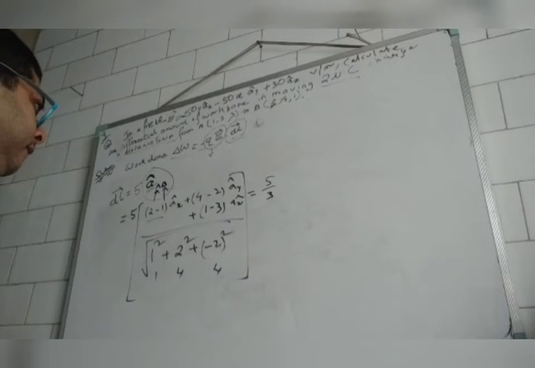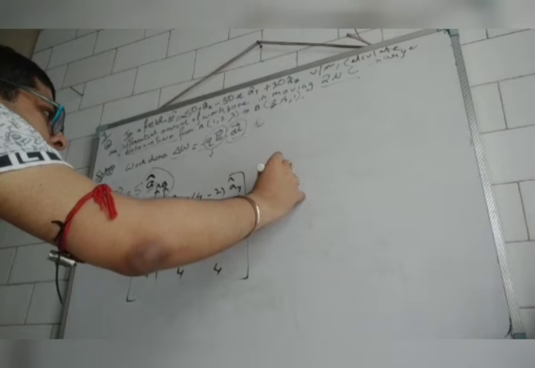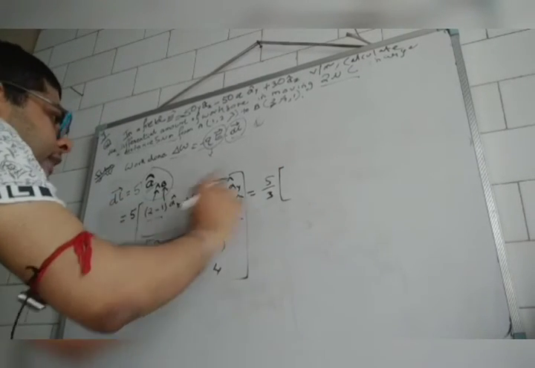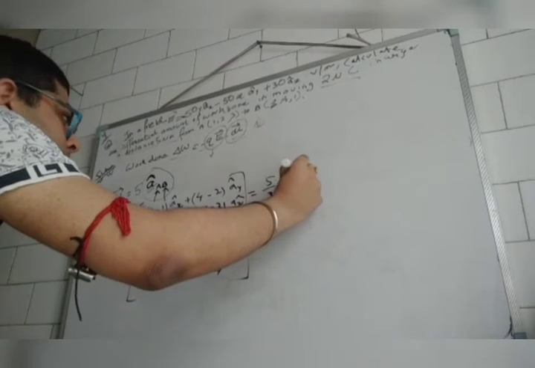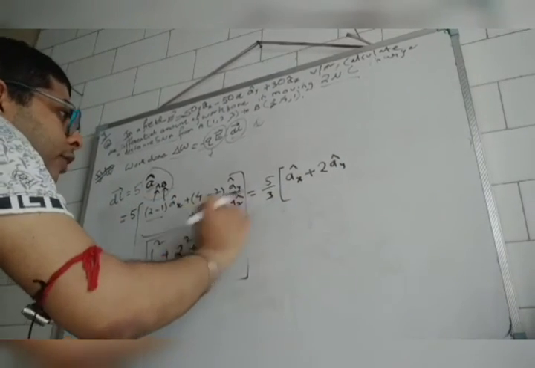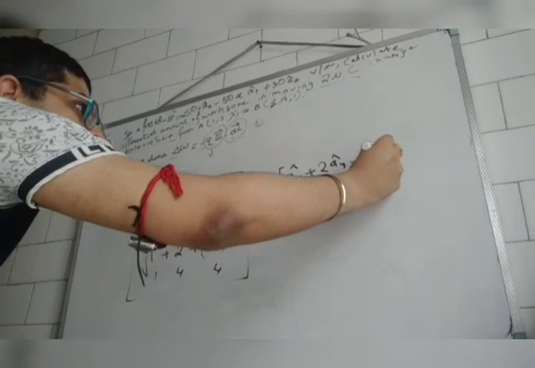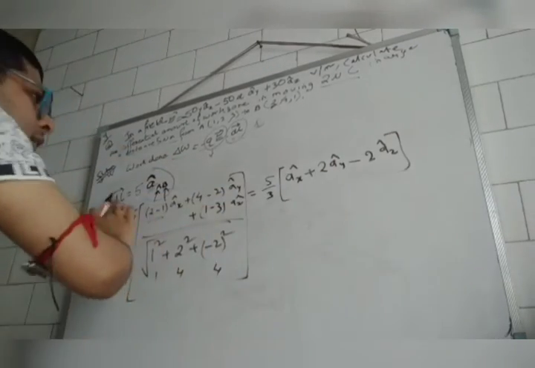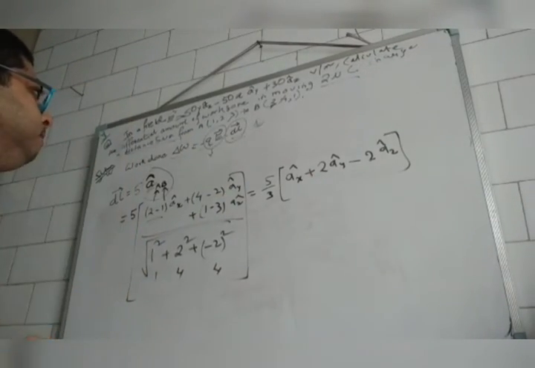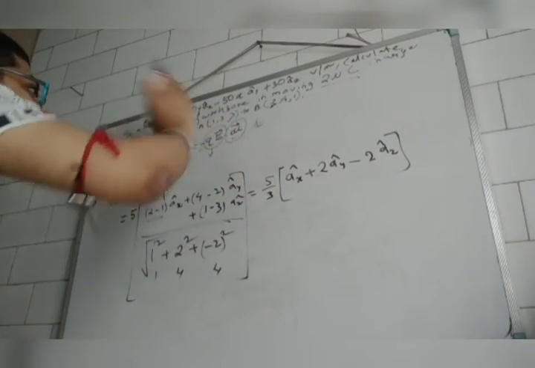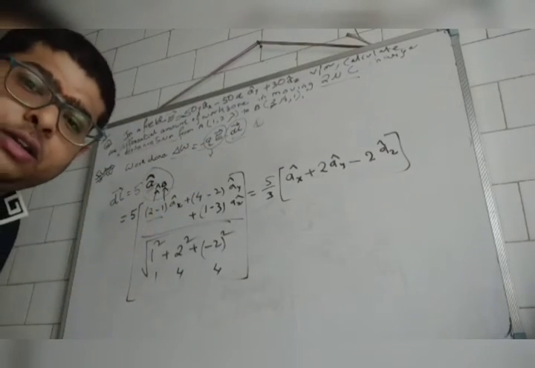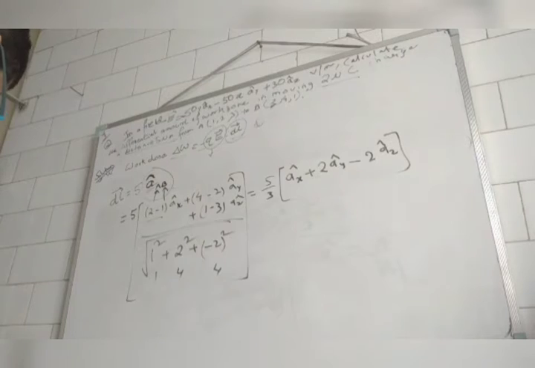So 5 by 3 times ax cap plus 2 ay cap minus 2 az cap. This is what we got as dl. Now you can take the dot product with this E, and if you multiply by charge, you get the work. So this is the basic thing.